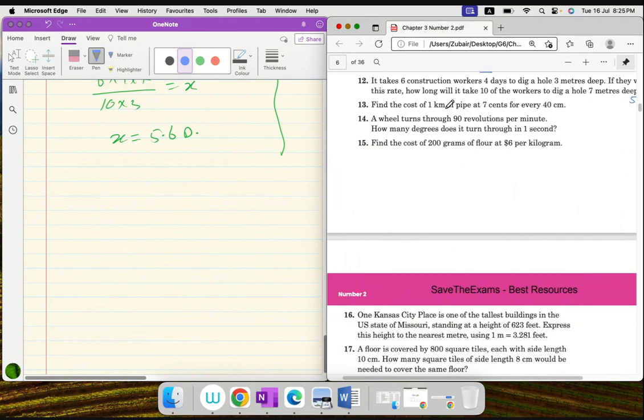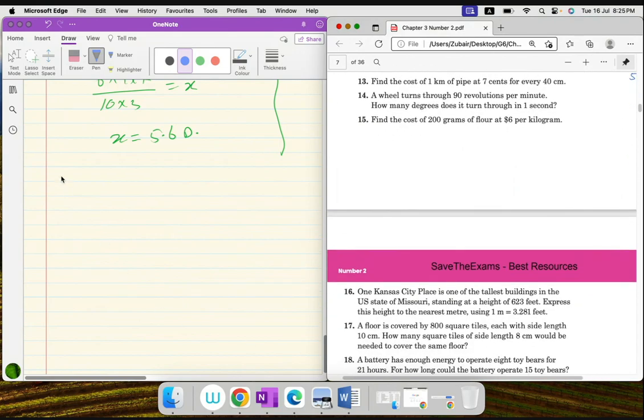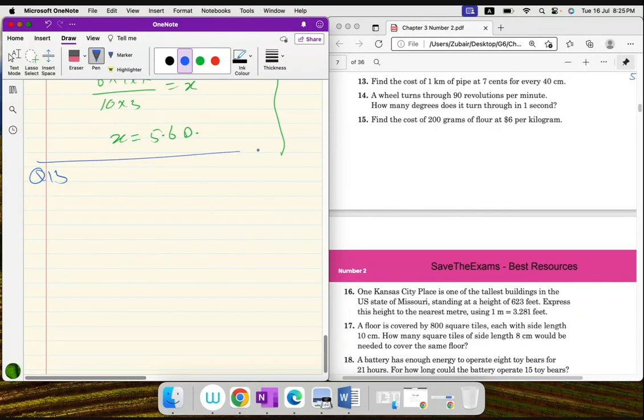Question number 13. Find the cost of 1 kilometer of pipe at 7 cents for every 40 centimeters. So 1 kilometer would be equal to 1000 into 100 centimeters.